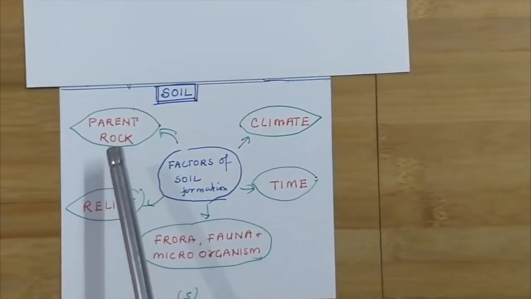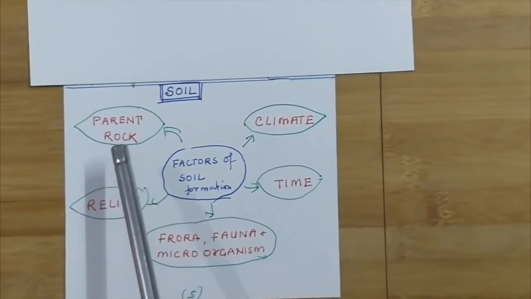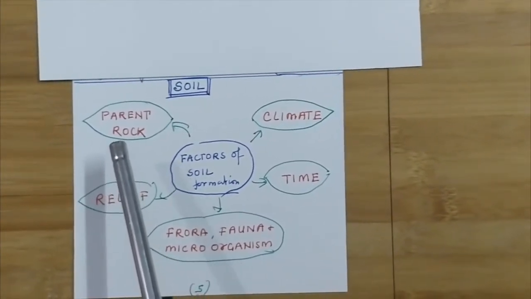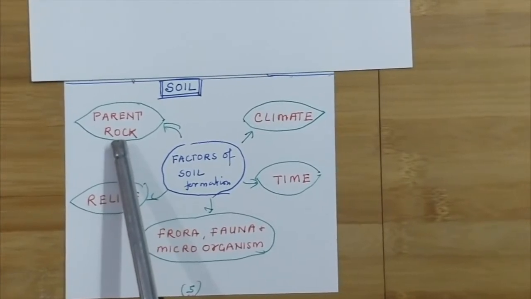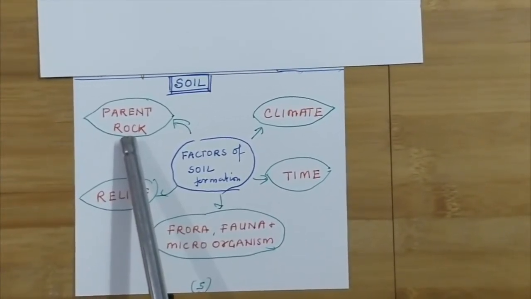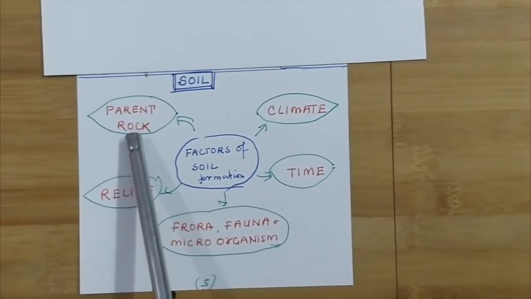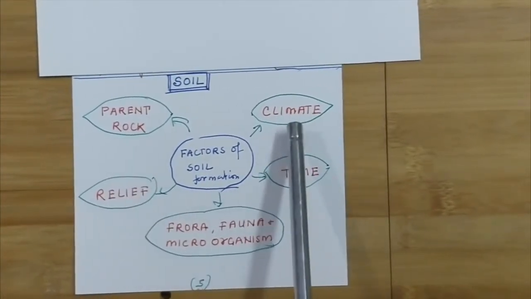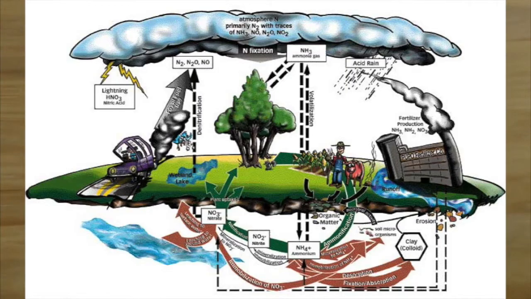As kids inherit whatever qualities their parents have, in the same manner the parent rock will decide what color the soil will be, what will be its texture, etc. The second is climate, which includes temperature and rainfall, and influences the rate of weathering and humus.